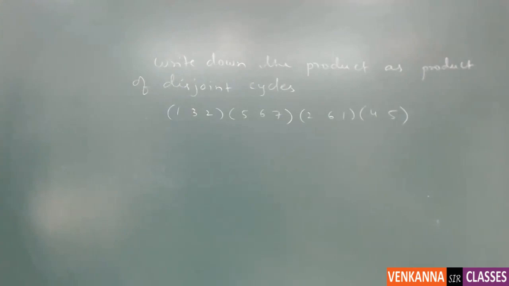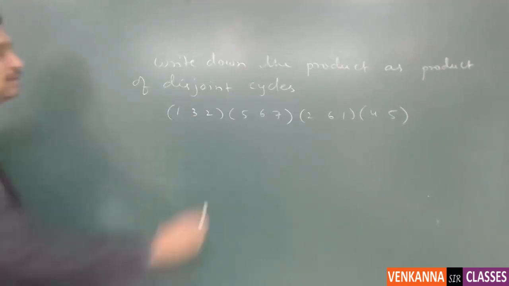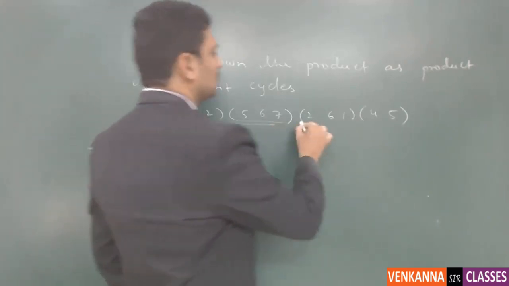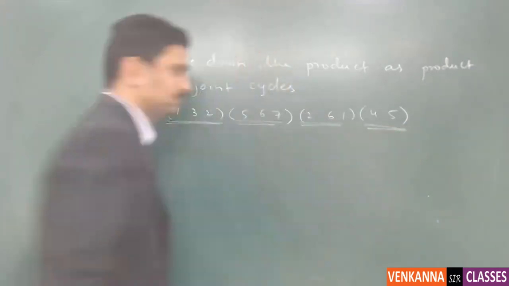So please take a note of this problem. Now, here we need to understand that this is a permutation, this is a permutation, this is a permutation, and this is a permutation.